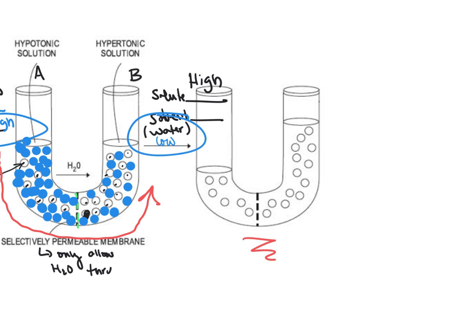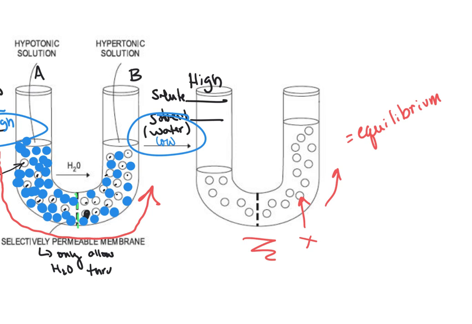The water level moves up and continues to move up until it reaches equilibrium. Remember, these solutes do not move, all right? That's because the membrane is selectively permeable. So only the water is moving in that particular case.